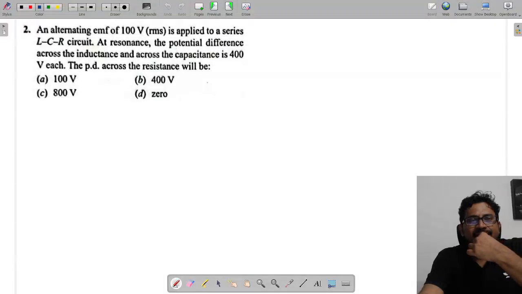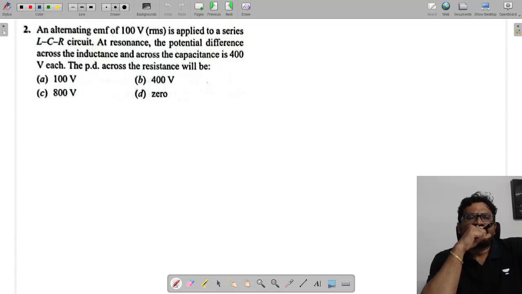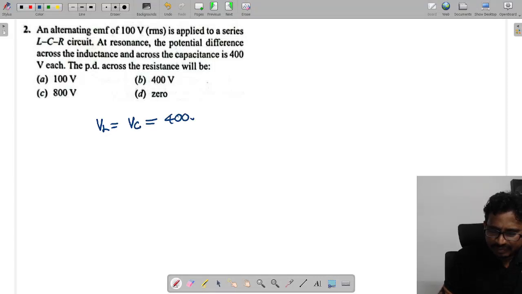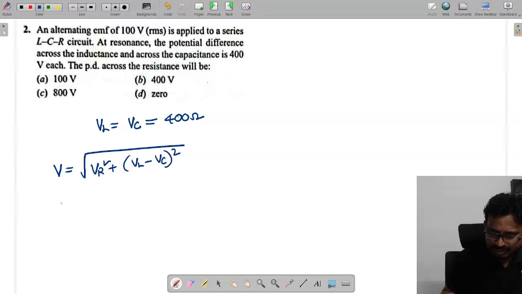Next. An alternating EMF of 100 volts is applied to a series RLC circuit at resonance. The potential difference across the inductor and across the capacitor is given as 400. The potential difference across the resistor is, they gave that VL equals VC equals 400. So V is equal to square root of VR square plus VL minus VC whole square.